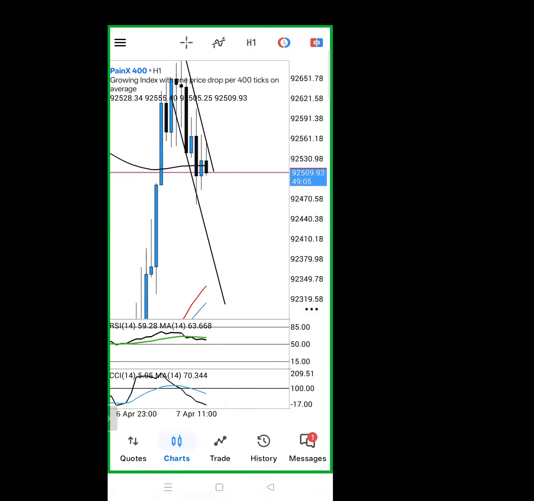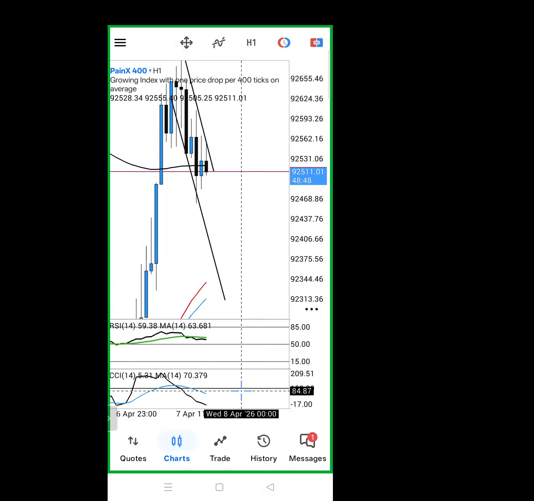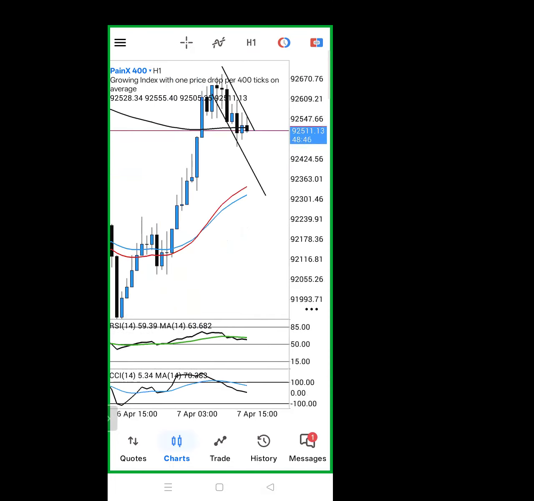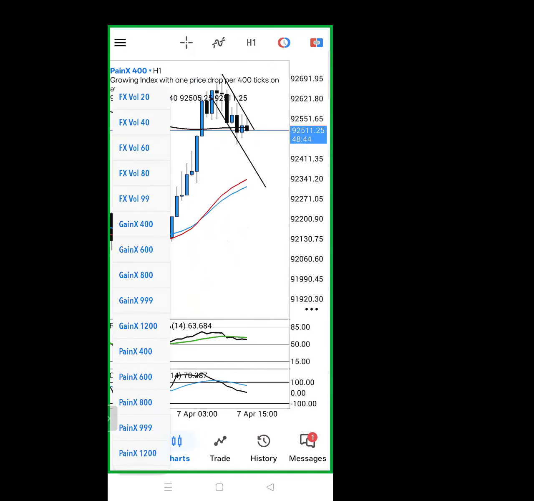But another thing why this trade is somehow dicey is that if you come to 1 hour, you can see that even though we are above 50, this guy is below the moving average. This guy is also below the moving average, and it has crossed into. So this one is still dicey. Let's go for another one.